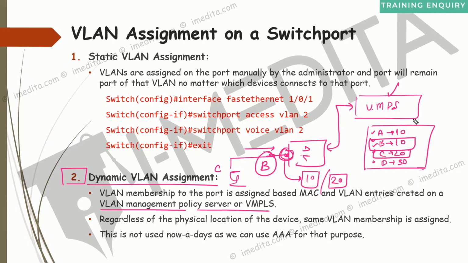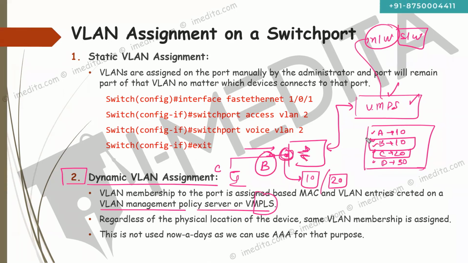So we used to have a device called VMPS, VLAN Management Policy Server, which was again just a network switch, where we had a database of the MAC addresses and their respective VLANs. Like MAC address A belongs to VLAN 10, MAC address B belongs to VLAN 10, MAC address C belongs to VLAN 20, and so on. So when a user connects to the particular switch, the user will present its MAC address.